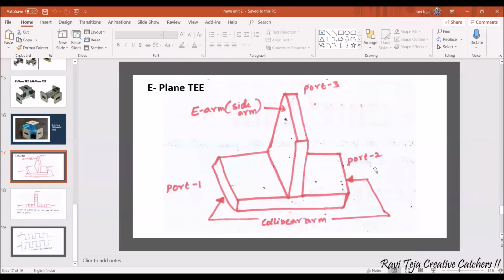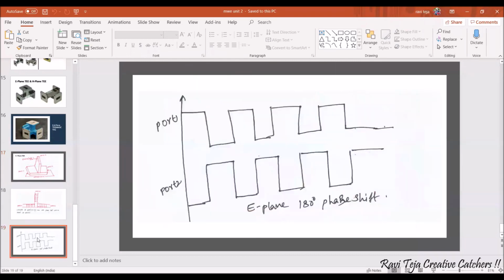As it is an electric field, the outputs coming from port 1 and port 2 will have a phase shift of 180 degrees. This 180 degrees can be indicated like this: whenever the signal coming out from port 1 has a positive cycle, the signal coming out from port 2 will have a negative cycle.